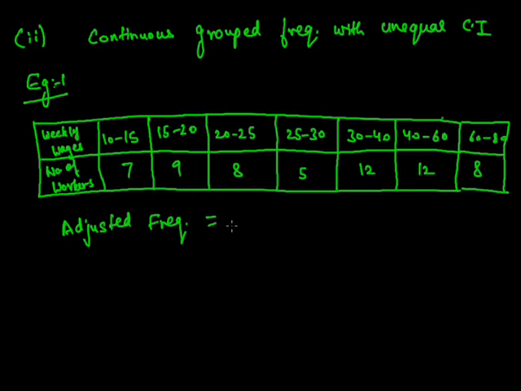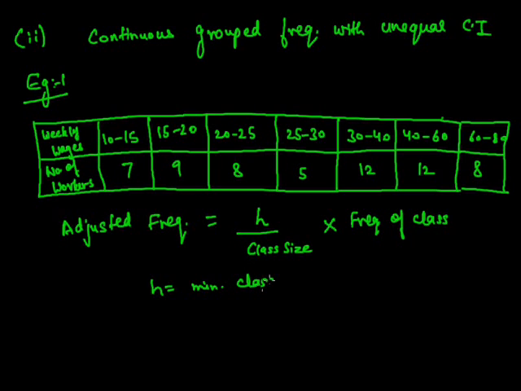And how to find the adjusted frequency: there is a formula for that, that is small h divided by class size, multiplied by frequency of class, where h indicates the minimum class size.